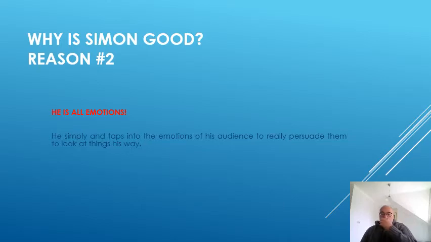The second reason is that he is all emotions. Again, from the mouth of another audience member, Simon simply taps into the emotions of his audience to really persuade them to look at things his way.